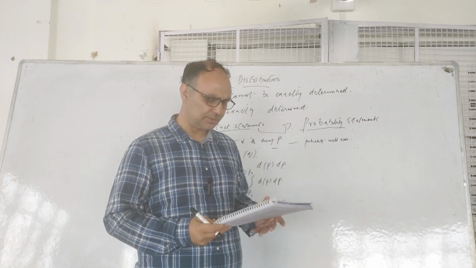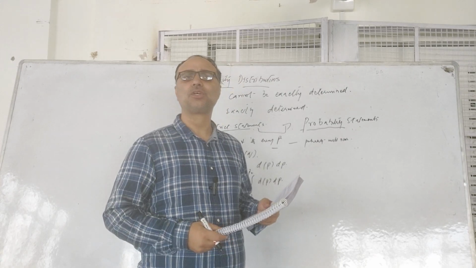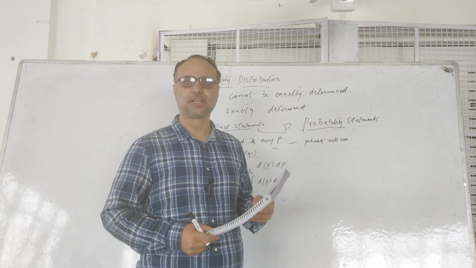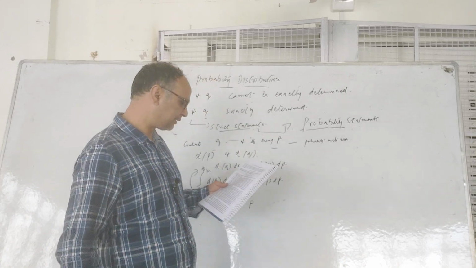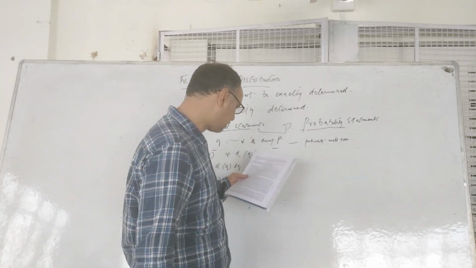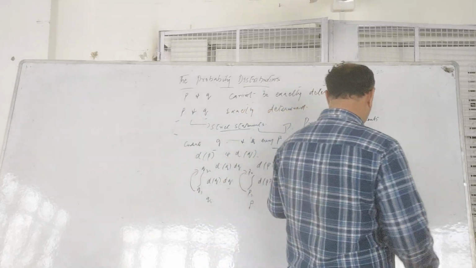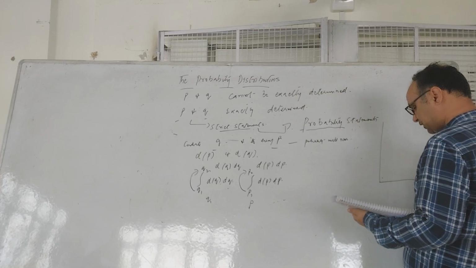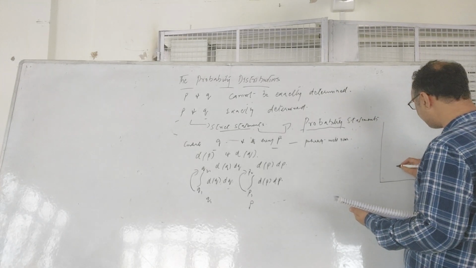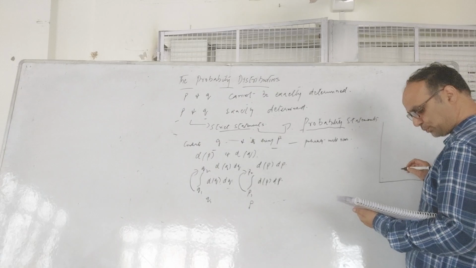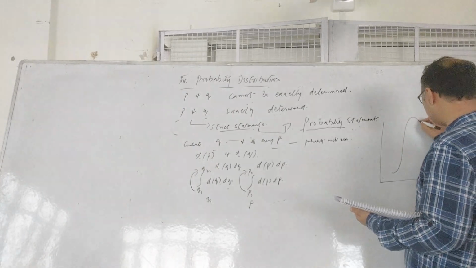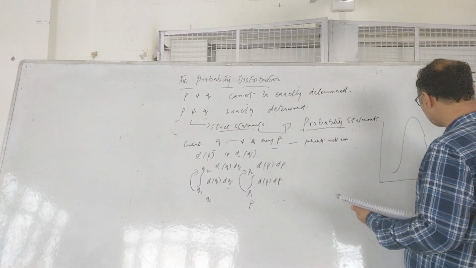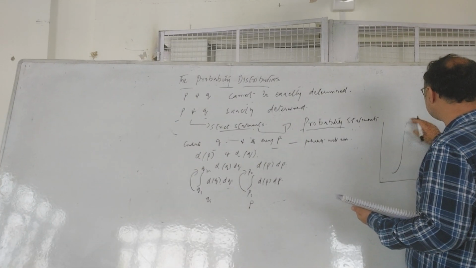In mathematics we normally study the Gaussian curve in that context. It's a bell-shaped curve, and if we want a representation of that bell-shaped curve in terms of these two curves P and Q, one can be like this, and one can be like this.